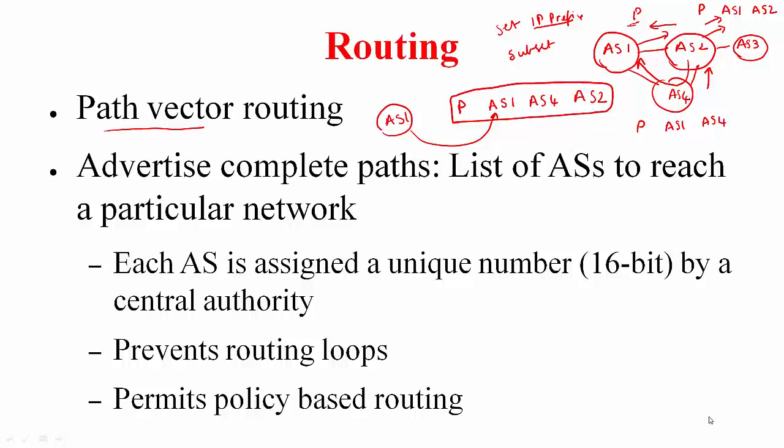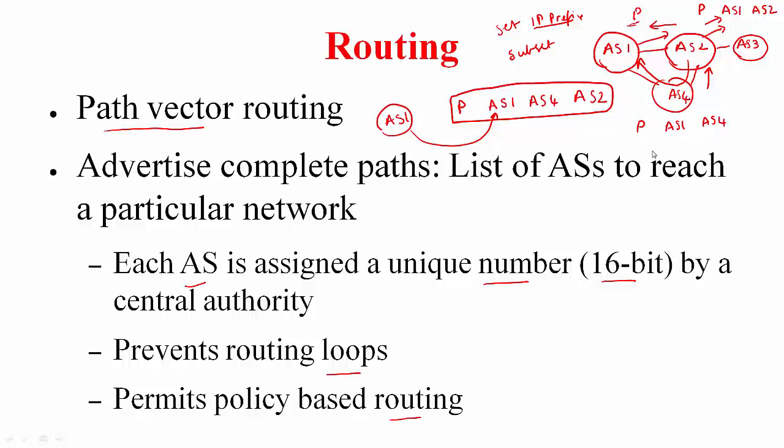So to facilitate this kind of path vector routing, each autonomous system is assigned a unique number, which is a 16-bit number, by a central authority. The fact that we are using path vector prevents routing loops, and this path vector can also permit policy-based routing.